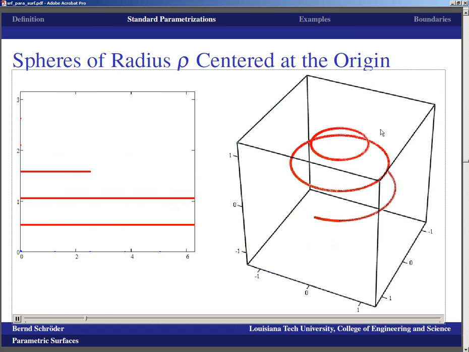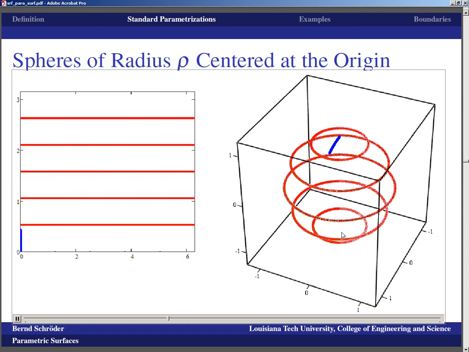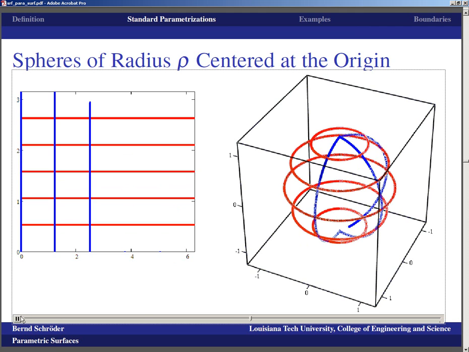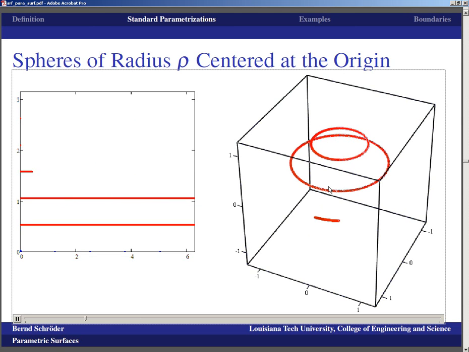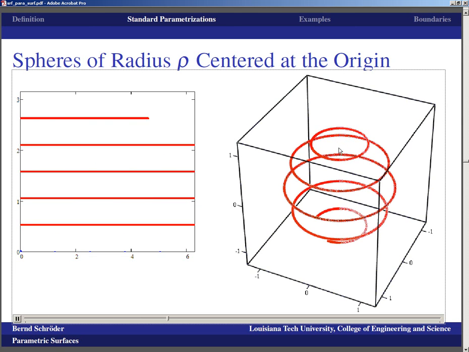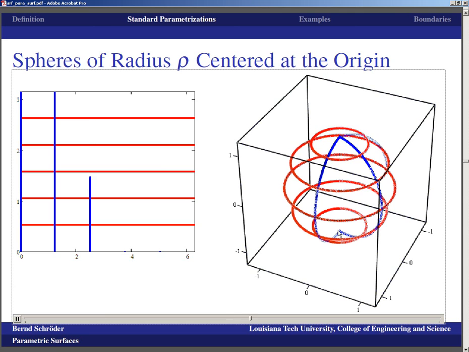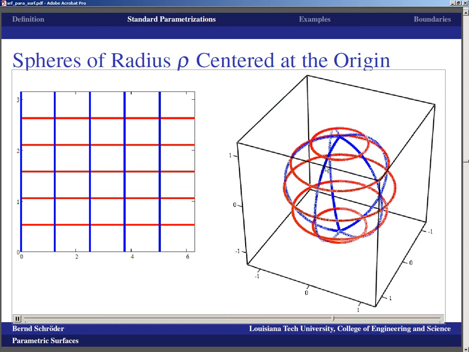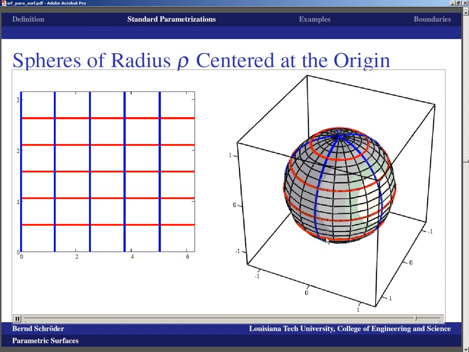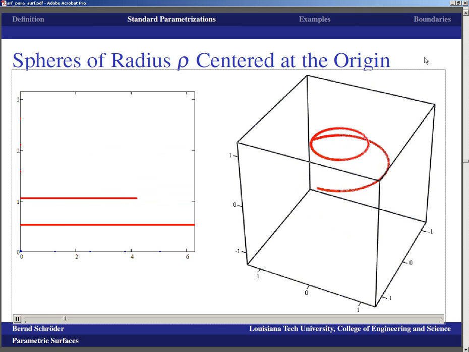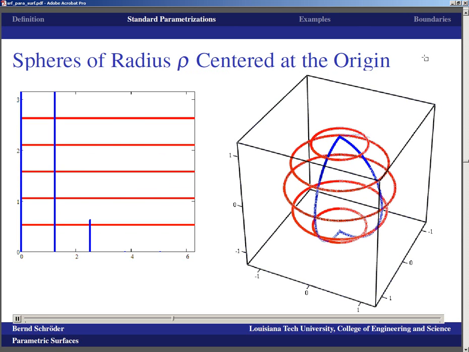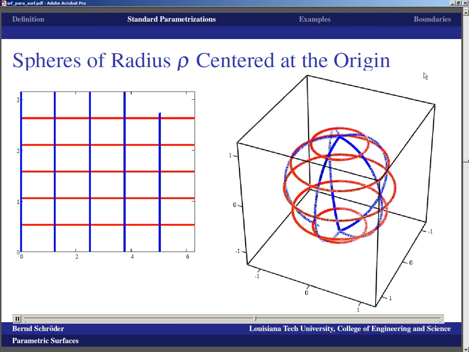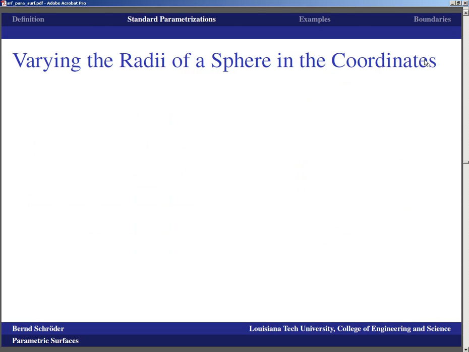That is also why theta has to go from 0 to 2 pi, because theta has to take care of the whole rotation around the z-axis, whereas phi only has to go from 0 to pi, because once we've got all those circles, the longitudes only need to go over 180 degrees, not 360 degrees. All right, so that is what these coordinates do. Thetas are the red ones, and phis are the blue ones as they vary.